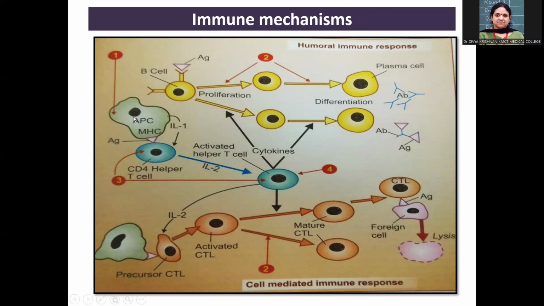So as I told you in the previous slide, the activation of the helper T cells requires the presentation of the antigen with the help of MHC. Now, this step itself is being inhibited by the corticosteroids. So, the initial step itself is inhibited by the glucocorticoids or the corticosteroids.